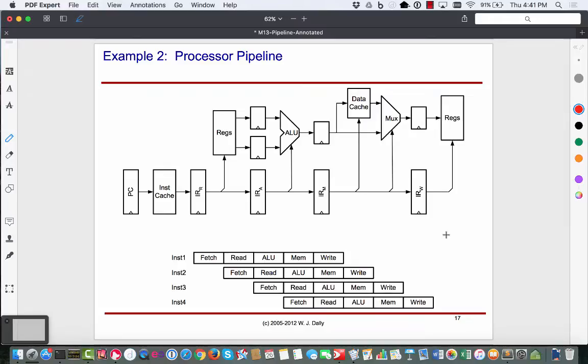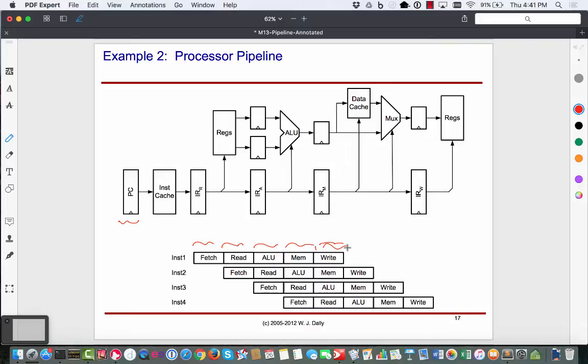So what the slide is showing is how, starting from my program counter or instruction register, I can have all these different phases of fetch, read, ALU, mem, deal with the memory, write back, stuff like that. What the specific phases are doesn't really matter, it depends on the processor.